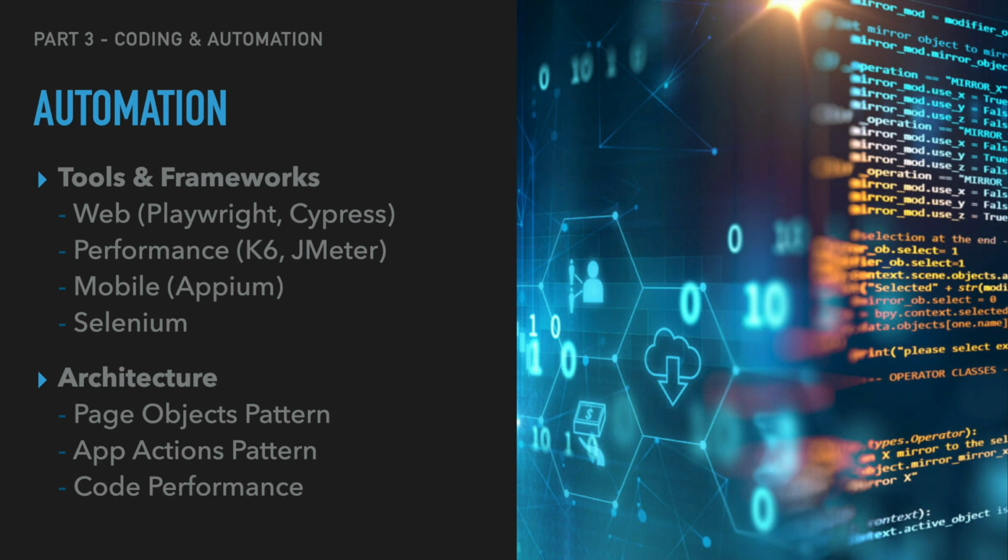First important topic is tools and frameworks. I believe many of you will be working especially with web automation frameworks. I think two of the most popular frameworks right now are Playwright and Cypress. Of course, there are some other alternatives such as WebdriverIO, Selenium, TestCafe, or even Puppeteer.